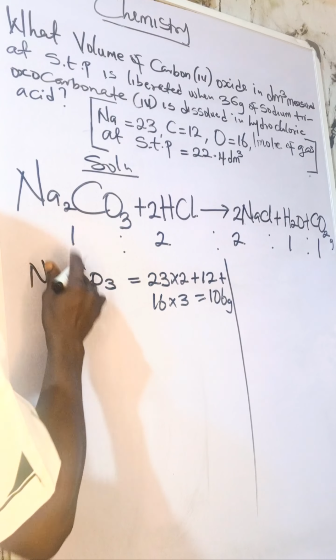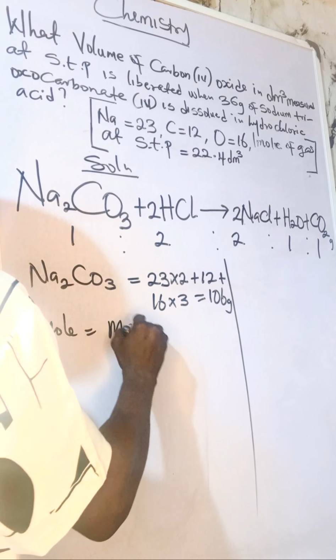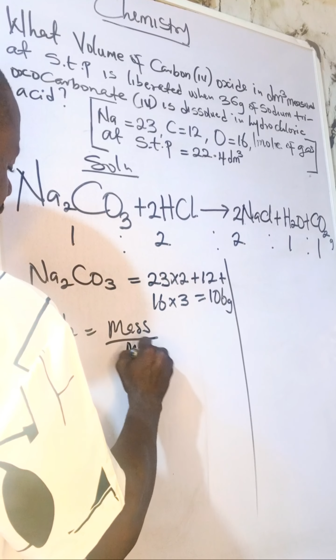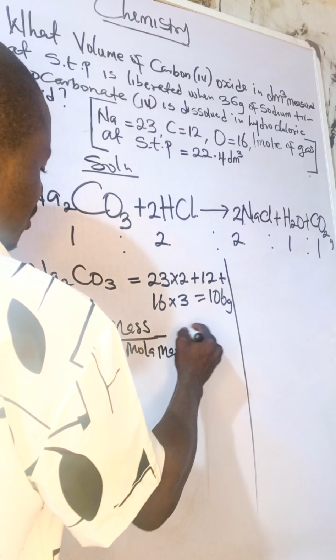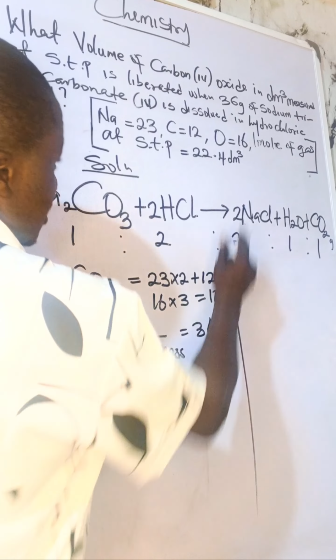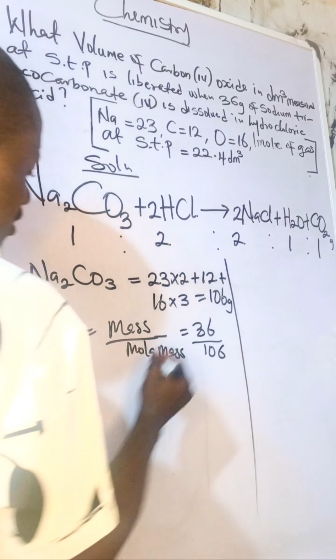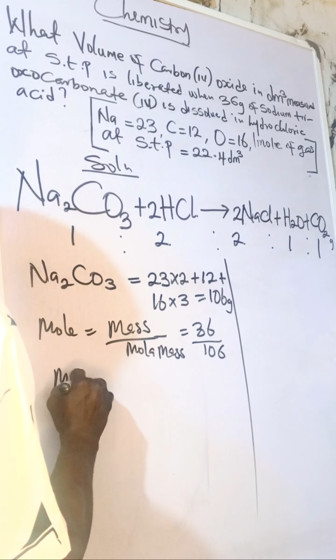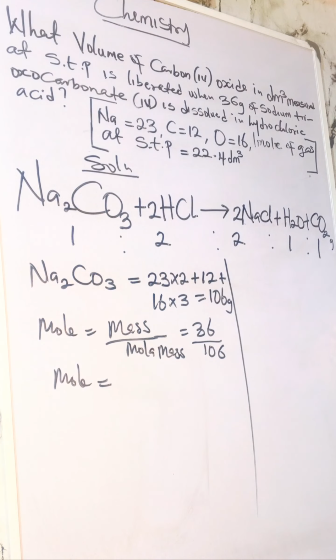Now, for us to get the mole, we have that mole is equal to mass over molar mass, which is equal to 36, which is the given gram from the equation, over 106. Let's punch it on the calculator to check the answer.